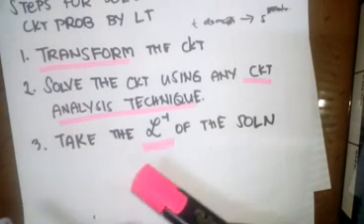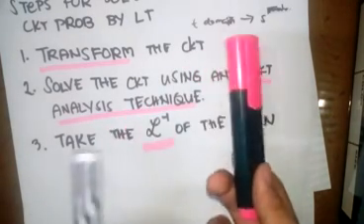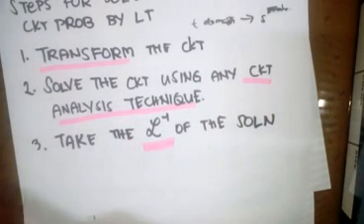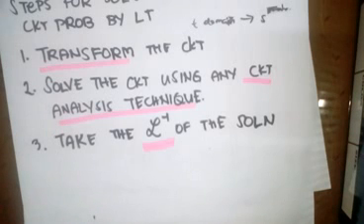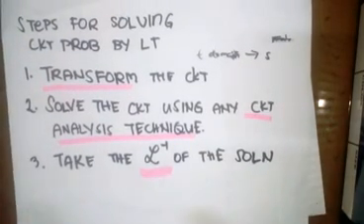Then we put it back from the S domain to the time domain. I forgot to say that the S domain is the frequency domain. The Laplace transform uses the frequency domain, while the Z transform from the previous lesson is in the Z domain. Okay, now we are ready for solving a problem.